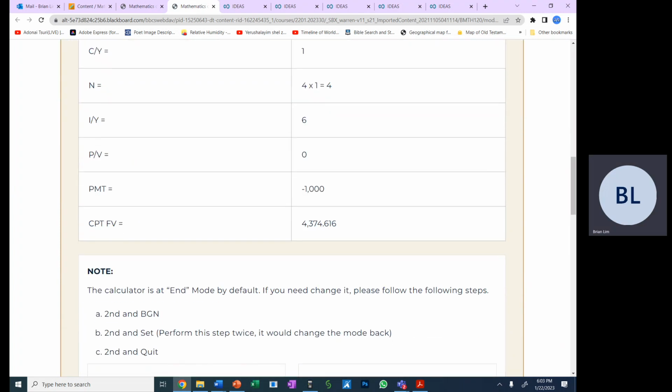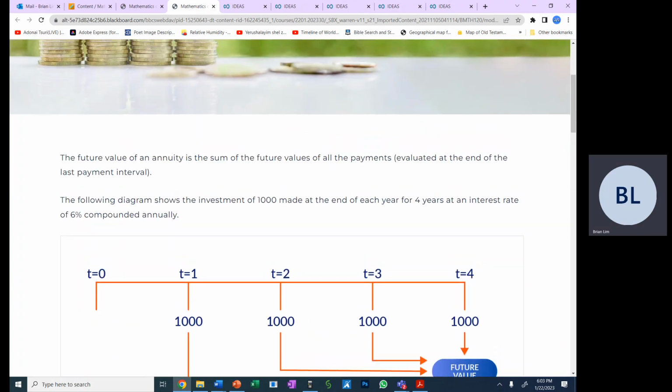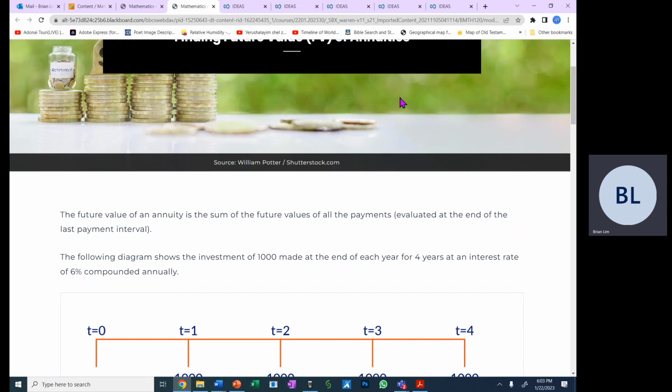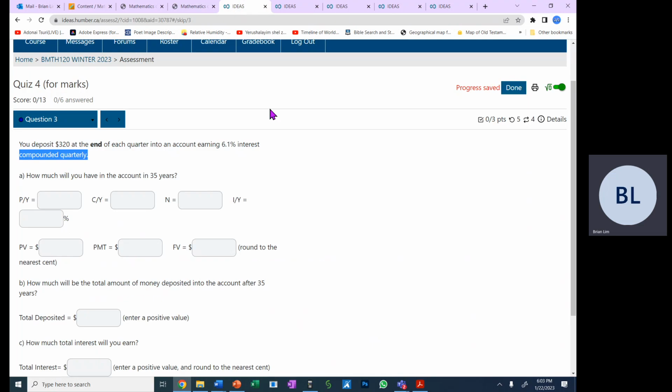Okay, so that is one example you can look at, but I will give you examples from the quizzes. Now, the first one, of course, is here. You have deposits at the end of each quarter into an account that's earning 6.1% compounded quarterly.